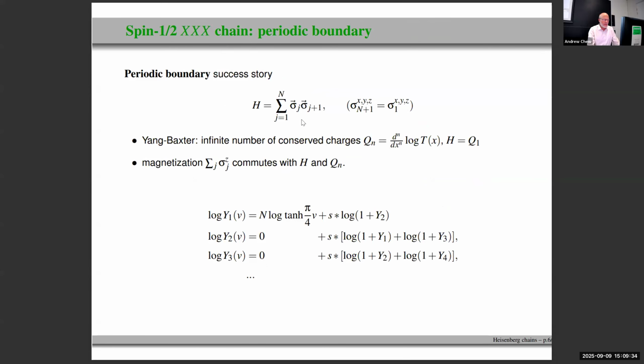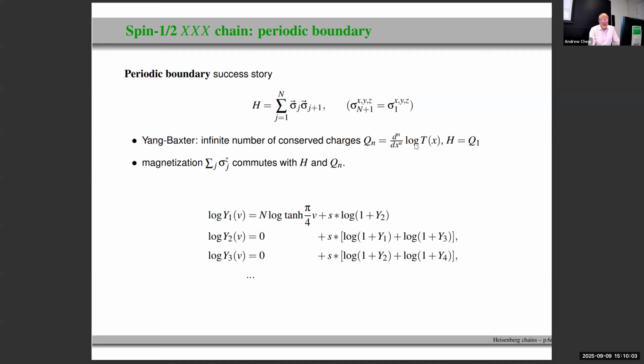For the periodic boundary case, we have a couple of methods. For instance, we apply this fusion technique to the transfer matrix of the 6 vertex model. The transfer matrix of the 6 vertex model generates all conserved quantities or charges, and the first one is the Hamiltonian and other things.